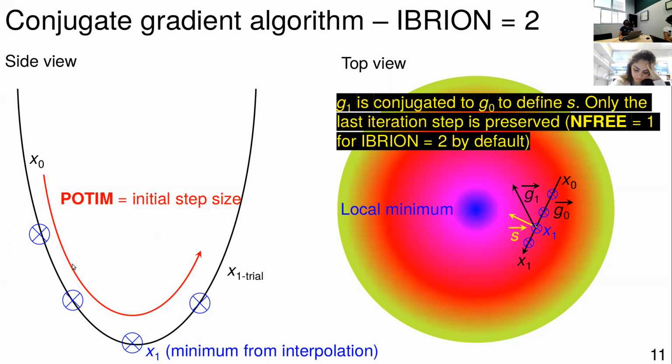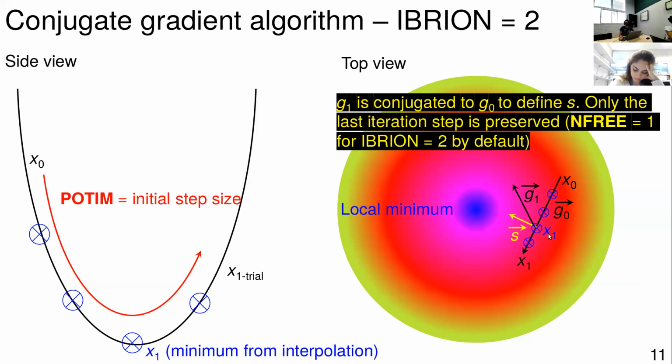Then you estimate the energy for all the points, and you can get the minimum. So from your initial step size, you would have gone from x0 to x1, but actually thanks to this interpolation, with these 4 points, at the end you see that the real local minimum is this one, okay?